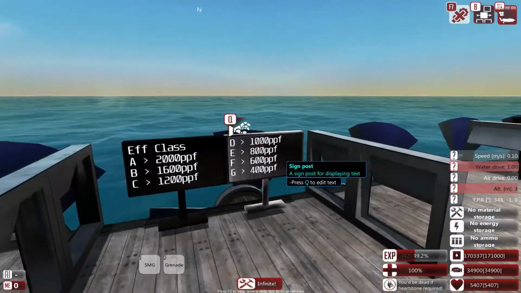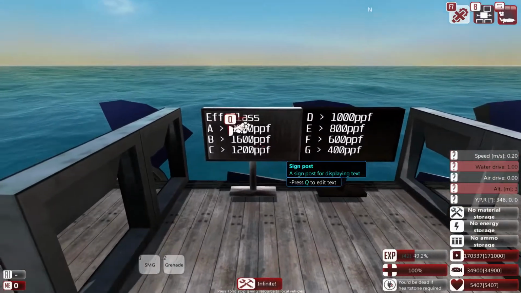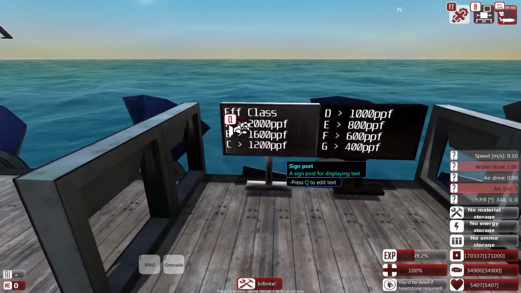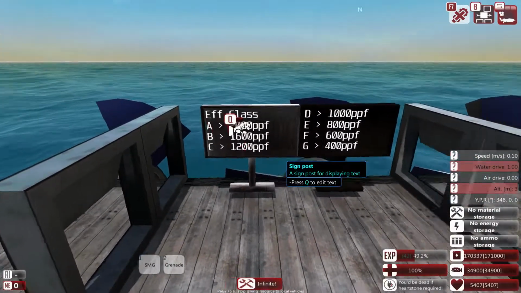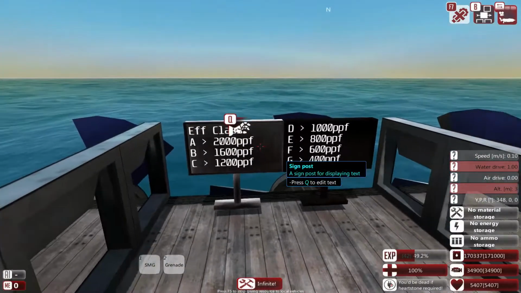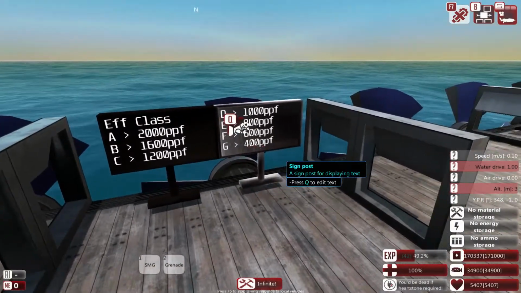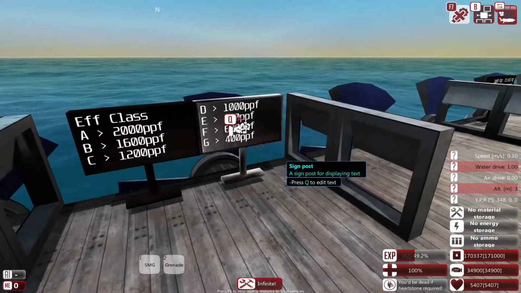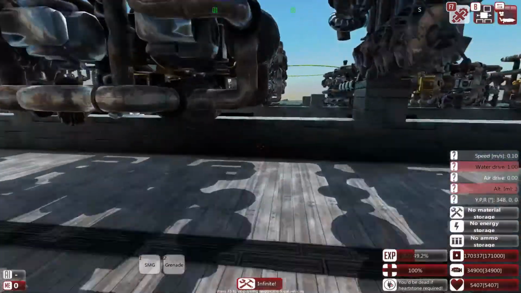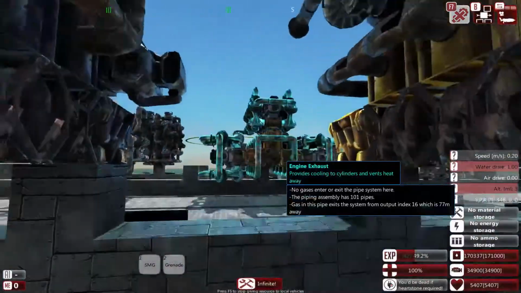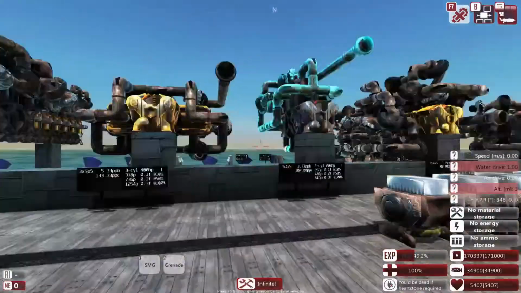And that's what I did originally when I couldn't make motors above 1200. I thought 1200 was the cap. A rating was 1200, and I had all the way down to over 100 power per fuel. So the most efficient fuel motors you can make were a G-rated motor.